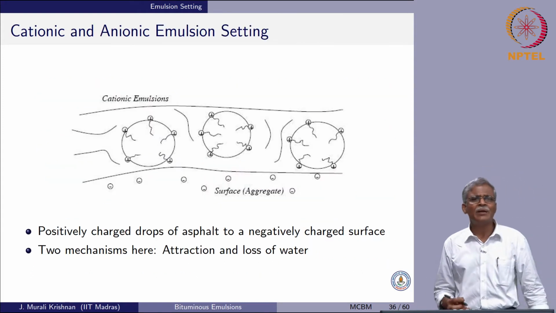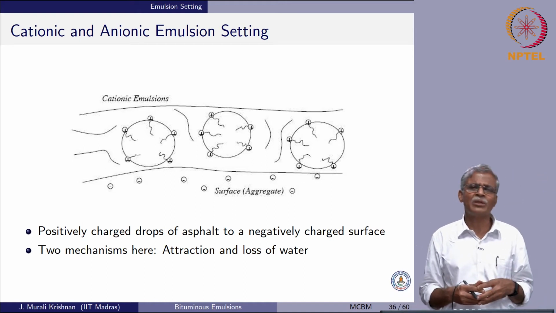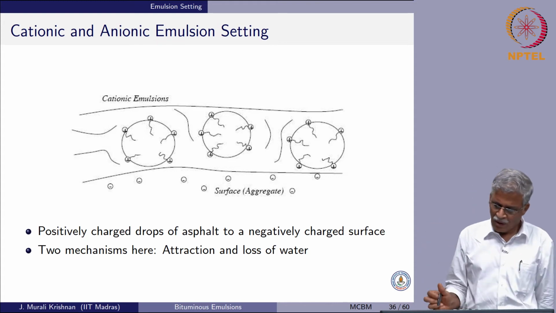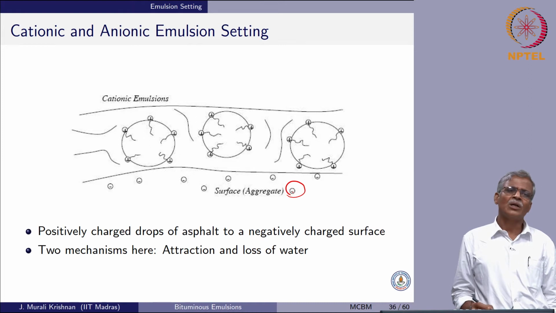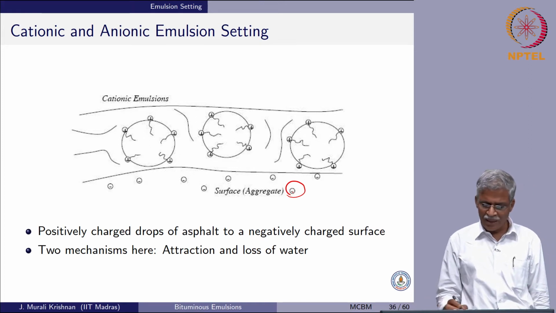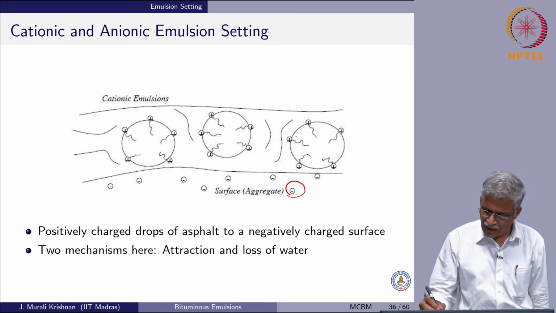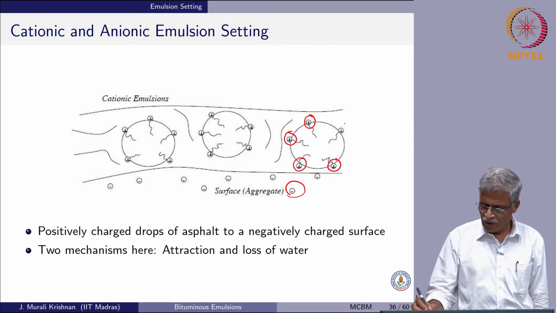So, the manner in which the cationic emulsion and the anionic emulsion are going to break are going to be completely different. If the surface net charge of the aggregate that you see is negative, then what can really happen? Let us say you have a cationic emulsion, and you can see the charges here, net positive.